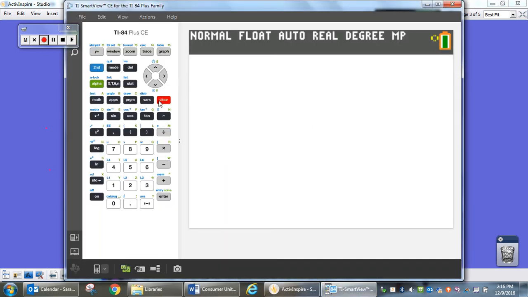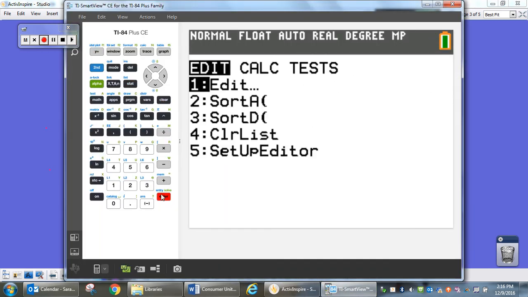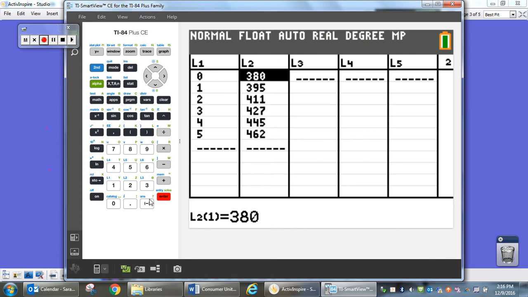Close, clear, stat, edit, enter. Oh look, I magically have all my, no, I don't have my data in there, crap. All right, 1, 2, 3, 4, 5, 6, 7, 8, 9, 10. Okay, and my L2 data.